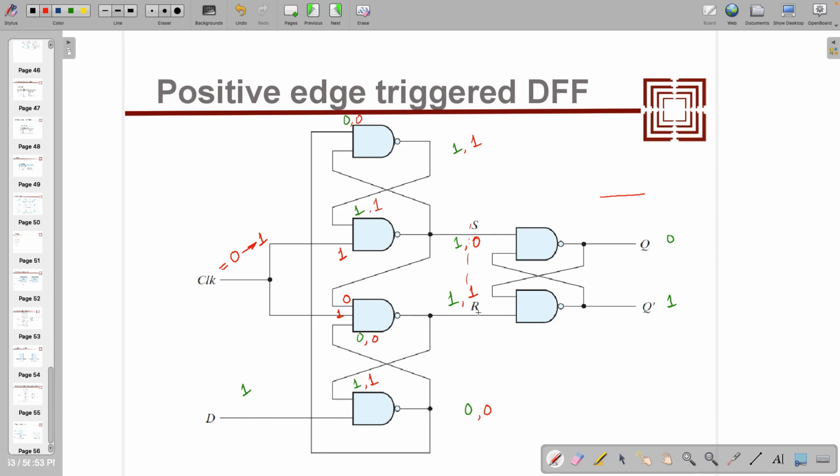For 0 and 1, if reset equal to 1, I should see Q equal to 0 and this equal to 1, right? So I am not deriving it as it is very simple. Any input is 0, so output is going 1, 0. Here again it's a mistake: I should call this one reset and this one set.